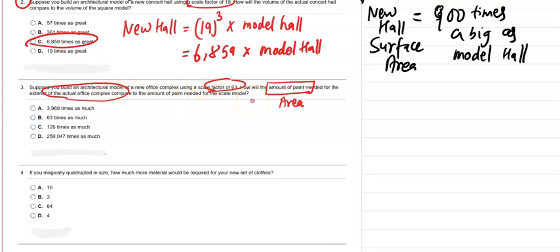What I'm going to do is take 63, the scale factor, to the power of 2, which gives you 3,969. So the amount of paint needed for the actual office is going to be 3,969 times more than for the scale model. So the answer is going to be A.